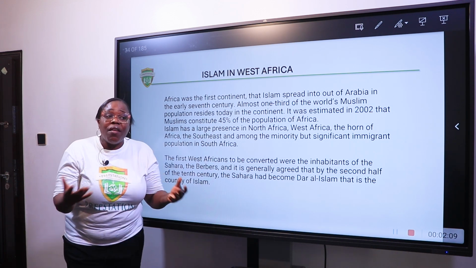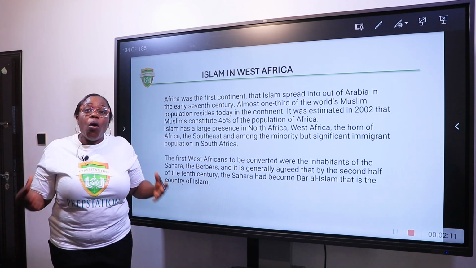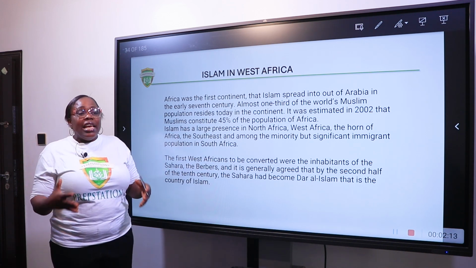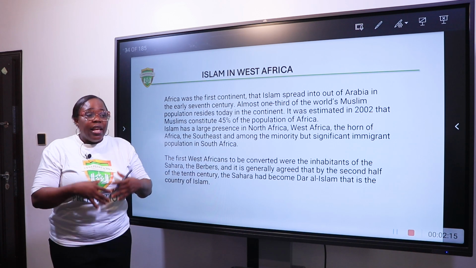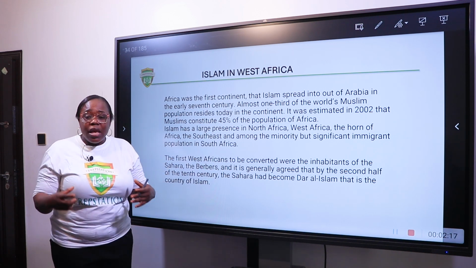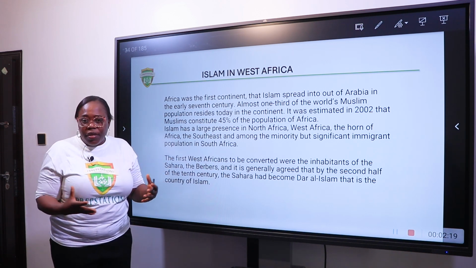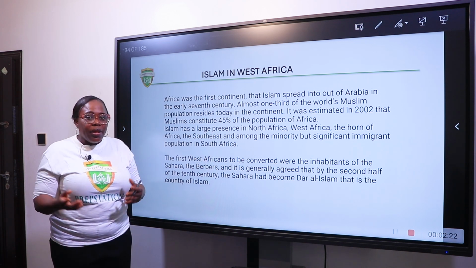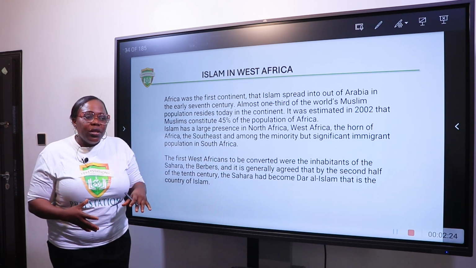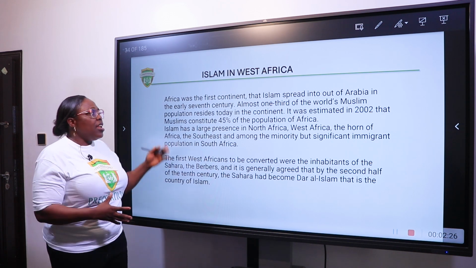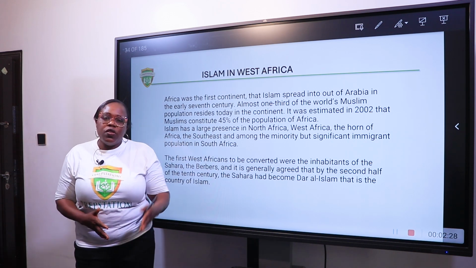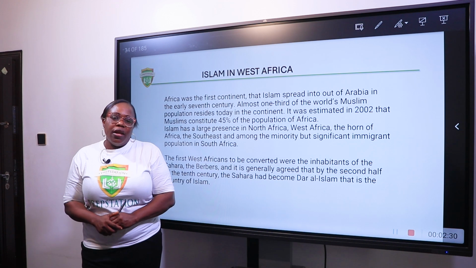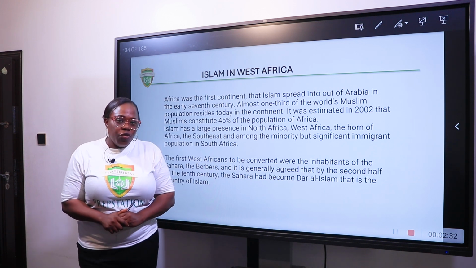We also had travelers, we had Islamic scholars that were trading Islamic pamphlets, materials, Qurans and all the things. So it was through the trans-Saharan trade that Islam was introduced in West Africa.